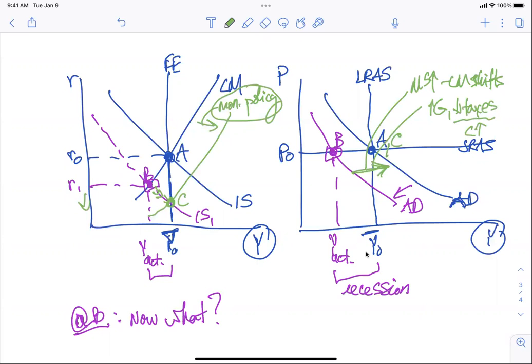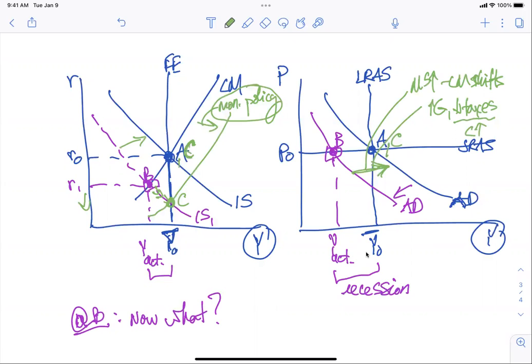You have more disposable income. Marginal propensity to consume is less than 1, so you're going to increase spending. So that would do what? The alternative to shifting the LM curve back from B is to shift the IS curve, right? So in that case, we get back to C.